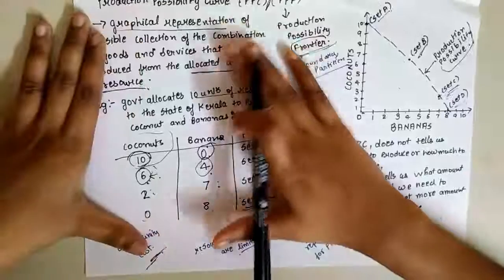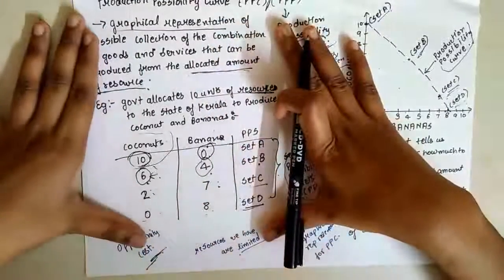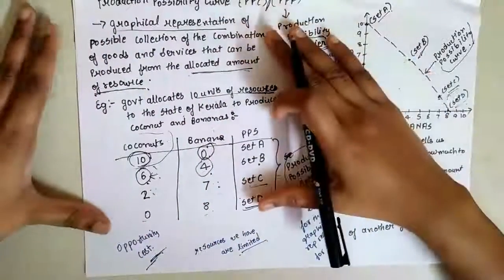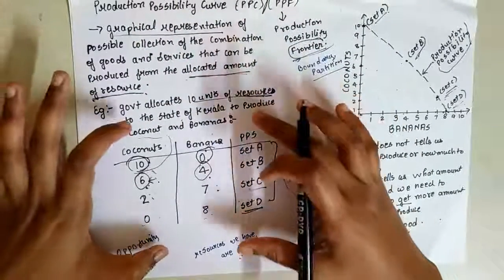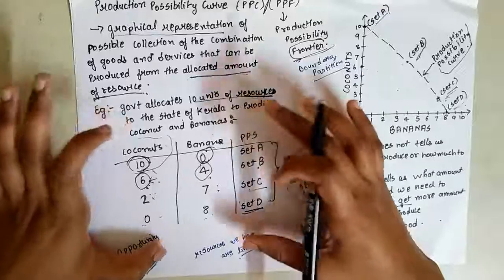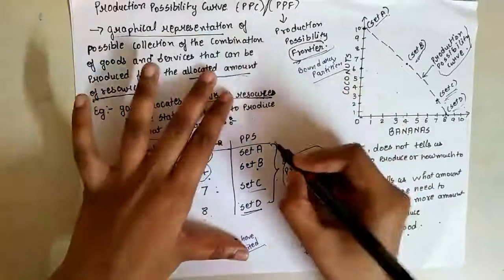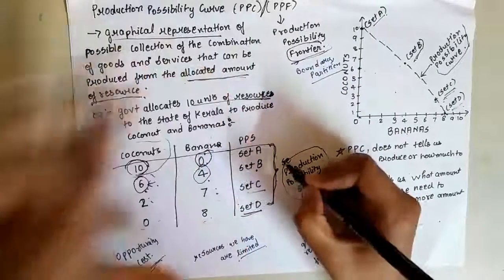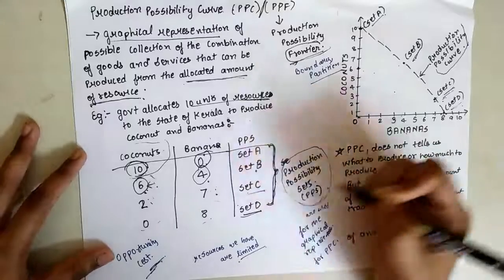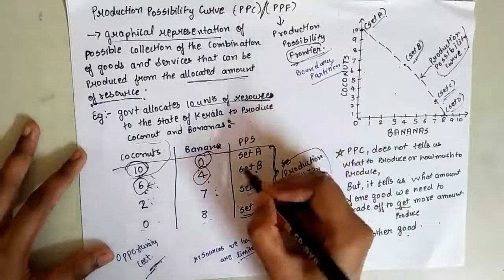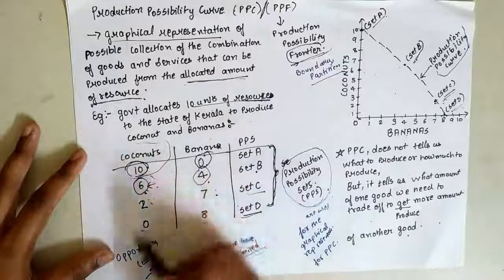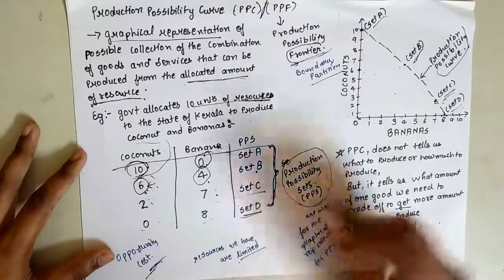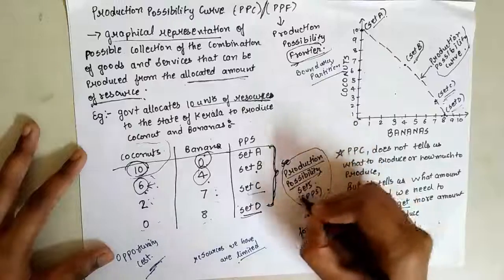Now we know what the production possibility curve shows. We have understood what it is trying to tell us: these are the possibilities. But these possibilities also have a name. These probable situations which we have shown in this table are called production possibility sets.